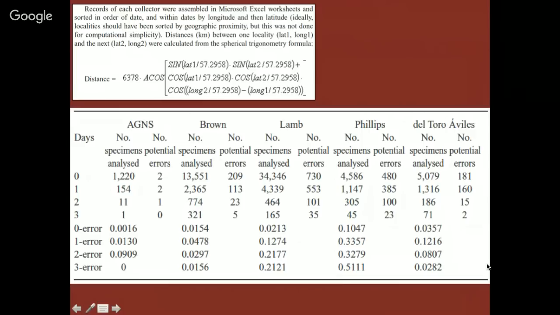The latter four are the most prolific bird collectors in Mexico, and you can see the numbers are staggering. 34,000 bird specimens collected by Chester Lamb. 1,220 collected by my colleague Adolfo, but notice that we picked out two problems even amongst Adolfo's records.